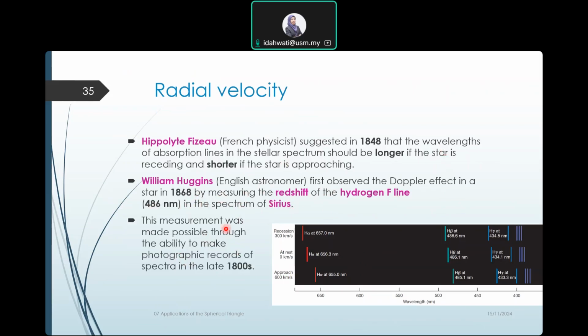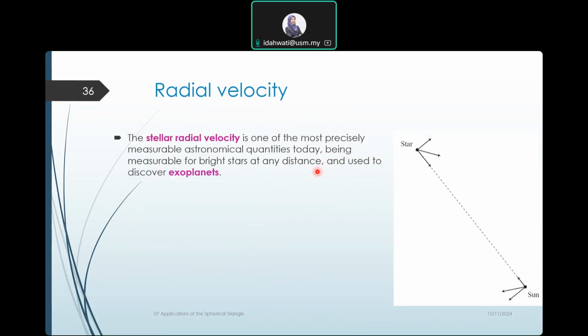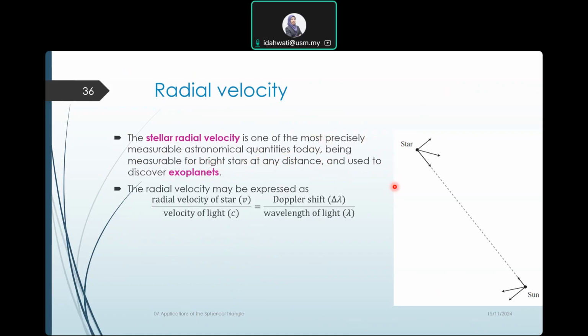This measurement was made possible through the ability to make photographic records of spectra in the late 18th century. So the stellar radial velocity is one of the most precisely measurable astronomical quantities, measurable for bright stars at any distance and used to discover exoplanets.